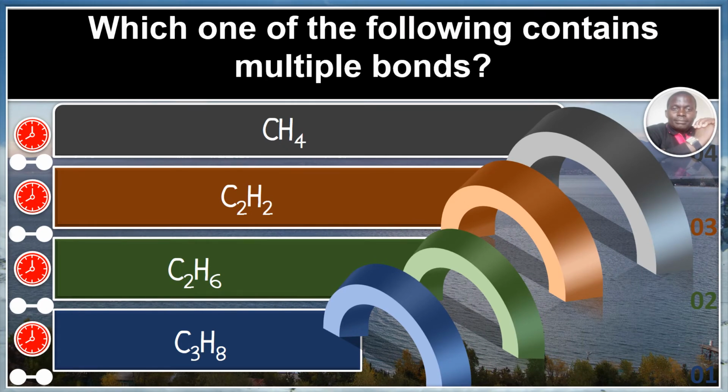Which one of the following contains multiple bonds? C2H2.